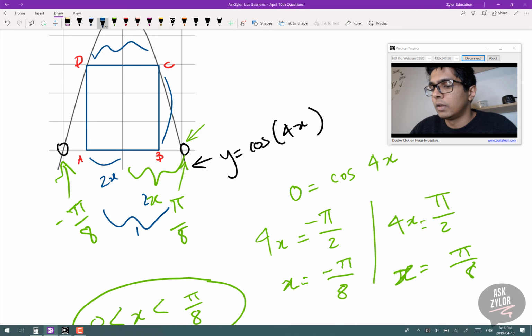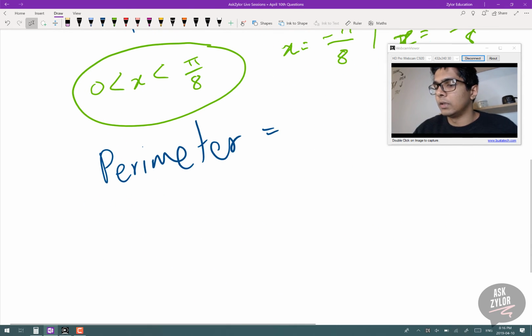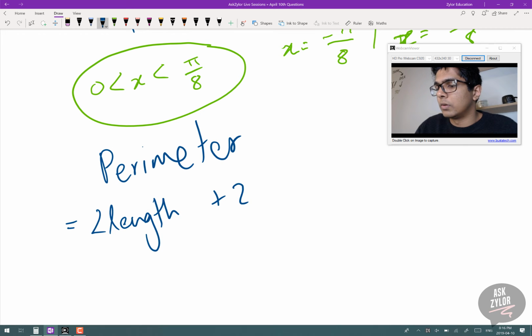So if this is my length, then I have 4x in total, and let's say this is my length. My length will be a y, and then I have two of those, so I have 2y. So let me rewrite this. I have my perimeter, which is equal to length times 2 plus width times 2.